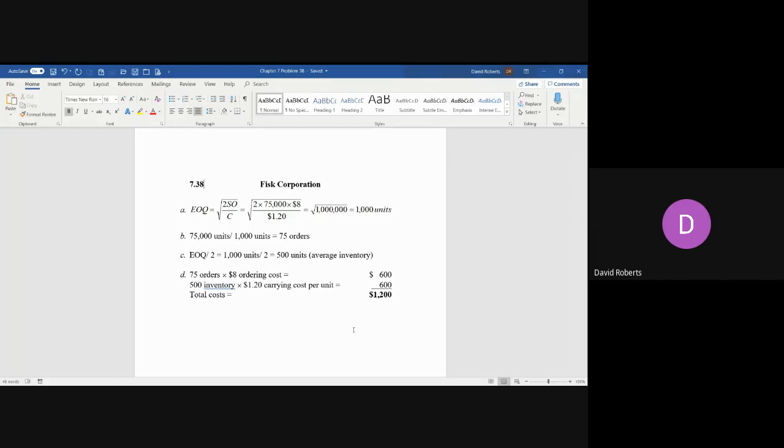Same thing with Part D. If your balance sheet does not balance, you know you're not getting 100%. So Part D is actually very important. If the two costs are the same, you can be fairly assured that you've done the problem correctly. If you haven't got the numbers the same, go back to Part A and recalculate. And that is pretty much guaranteed to be where your error occurs.